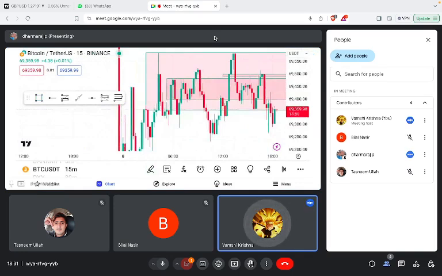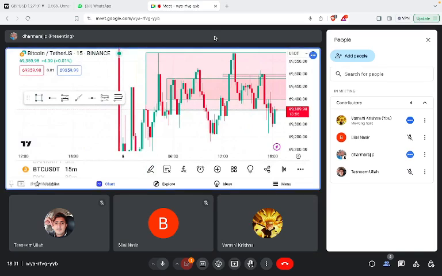Bro, it's wrong, bro. The engulfing touch sell, the second engulfing sell must break outside the first engulfing sell, so not within the zone.